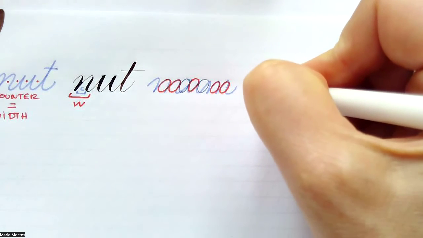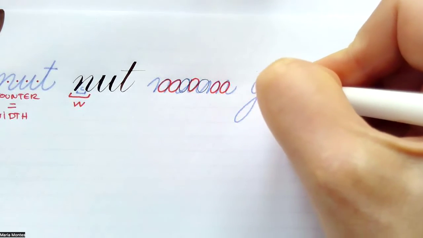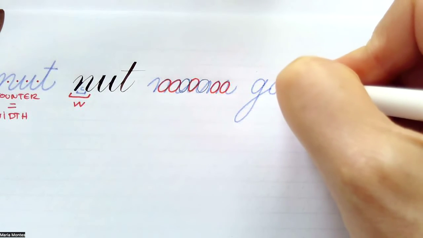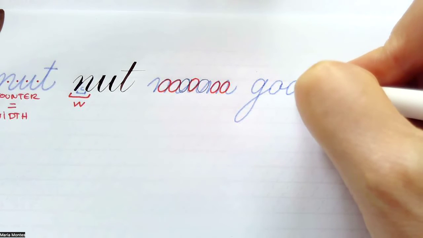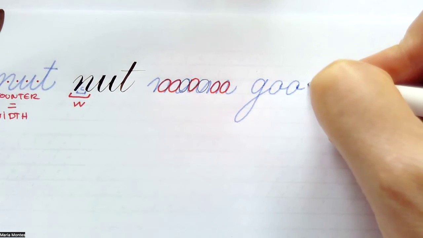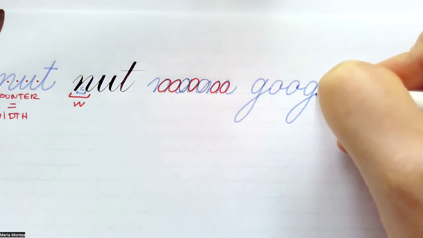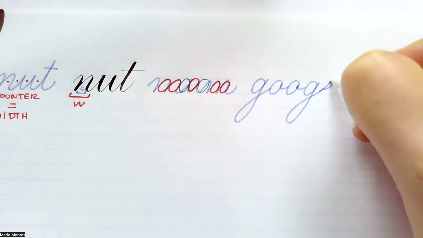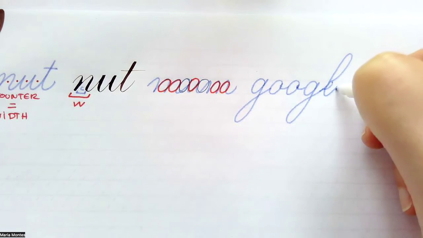I create my oval, then a second oval, third, fourth, almost a spelling mistake, which is so easy to do.